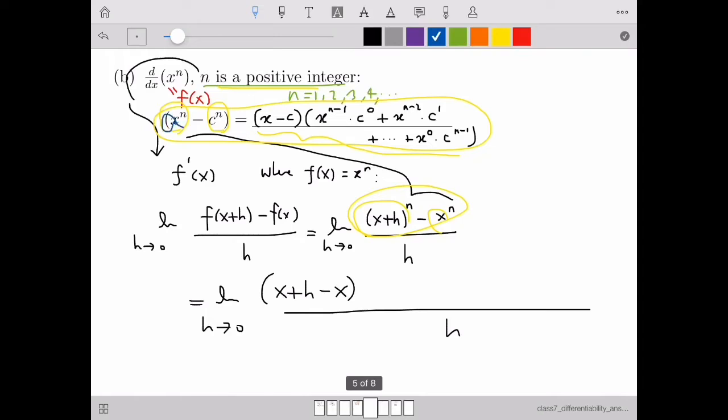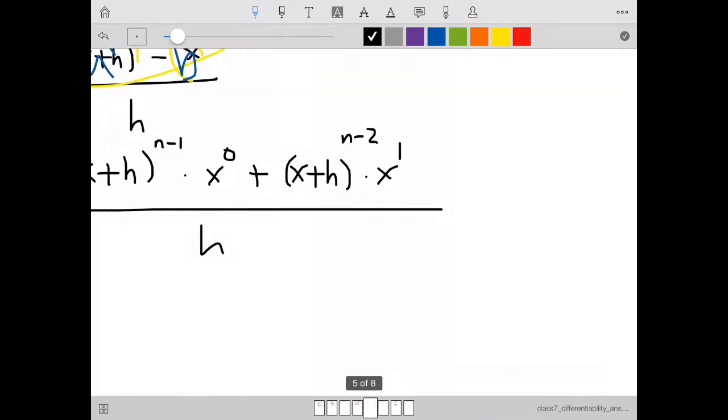I can think of this like A and B. So that's A and that's B. So A minus B, and then times x plus h to the n minus 1 times x to the 0, plus x plus h to the n minus 2 times x to the 1, plus dot dot dot, plus x plus h to the 0 times x to the n minus 1.